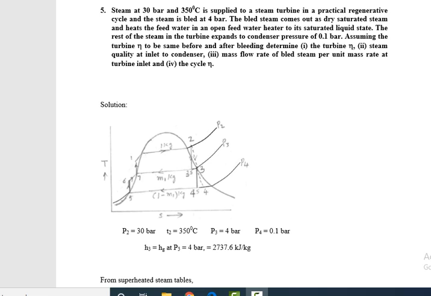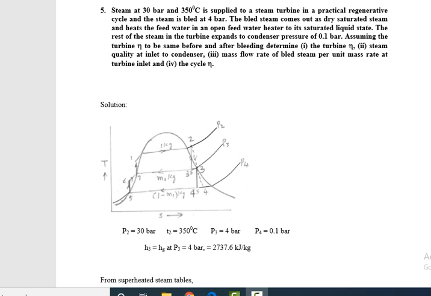First of all, a feed water heater is nothing but the regenerator. It is a device where the feed water is heated by regeneration, known as the regenerator or feed water heater. It has two types: the open feed water heater and the closed feed water heater.